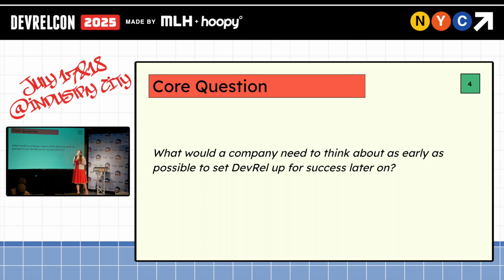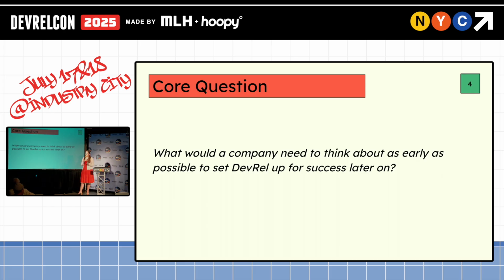And so I started asking this bigger question, which is what would a company need to think about as early on as possible to set DevRel up for success later on so that we wouldn't have to go back and spend time making all these changes and we could get to work.